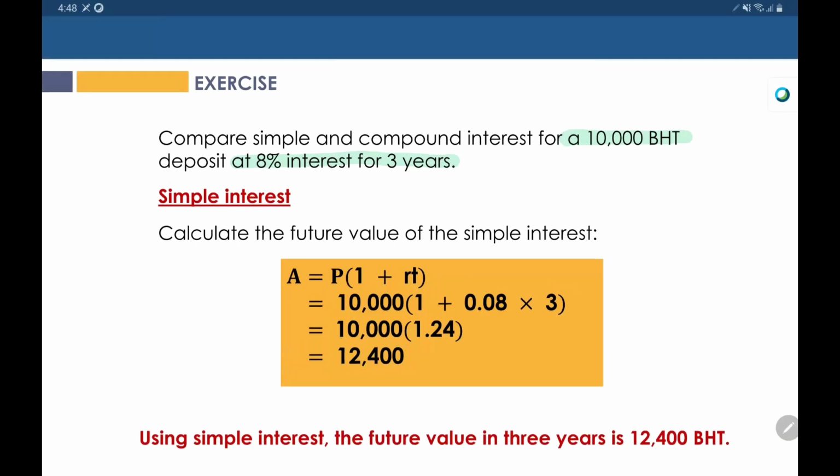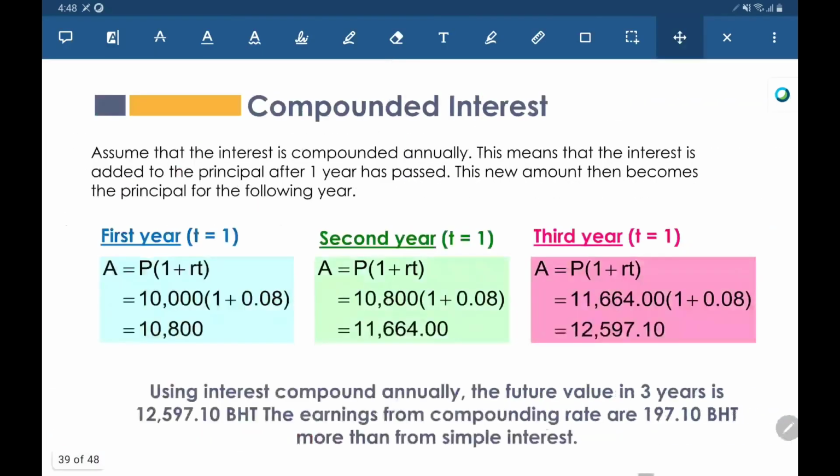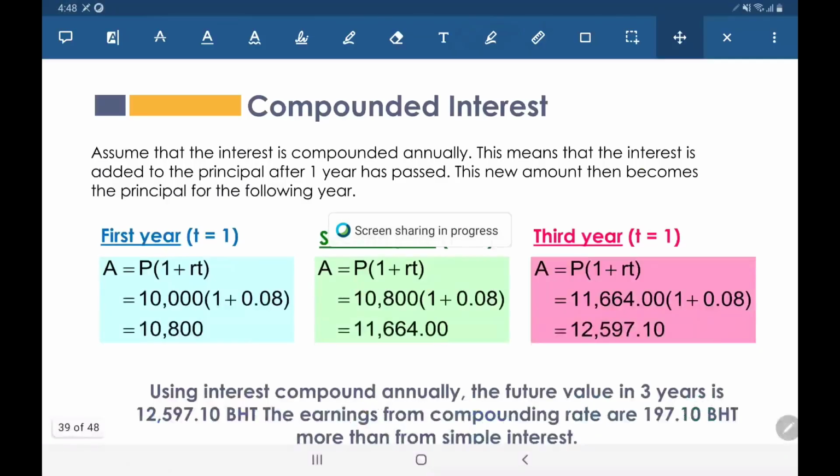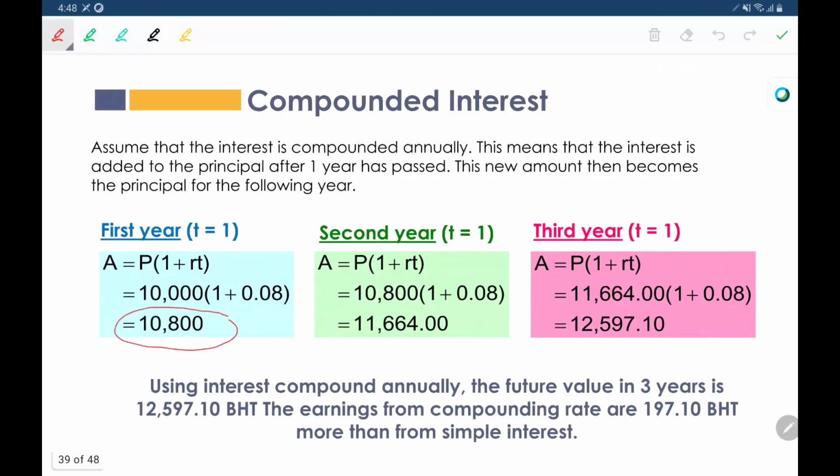But for the compounded interest, they will calculate every year. For the first year, the principal is the same, and then for the first year, you get the final value, 10,800 baht.